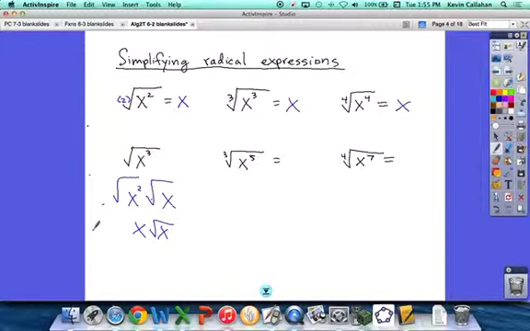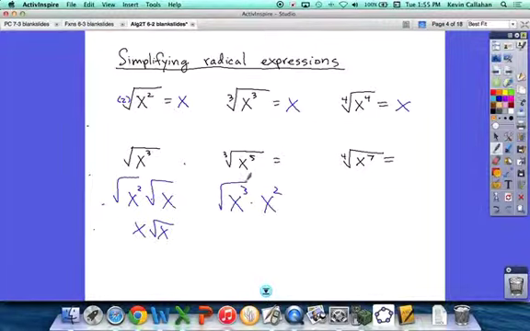The next one, the third root of x to the fifth. Does 5 divide evenly by 3? No. What's the greatest number less than 5 which is divisible by 3? 3. So what are the two x factors here? X to the third times x squared, they have to add up to 5 by properties of exponents.